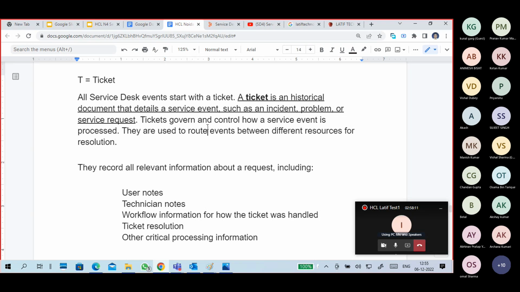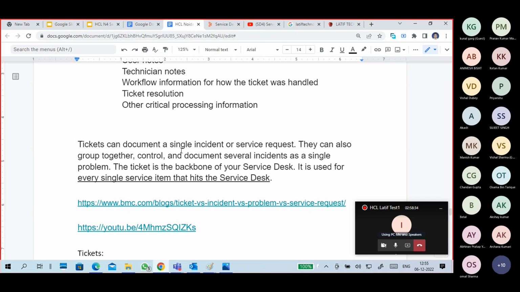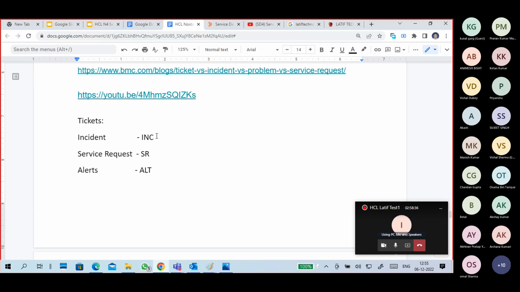It contains the details of the service event, which can be incident related, problem related, or service request related. The ticket tells you what happened, what the information about the issue is. So this is the important document, the ticket.